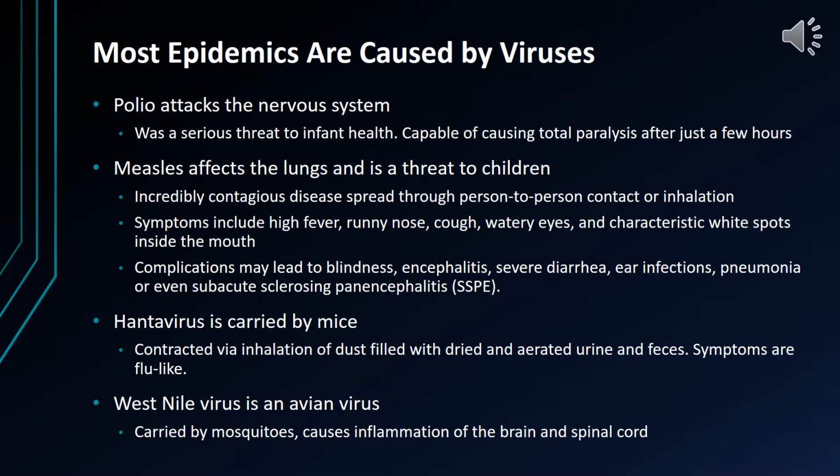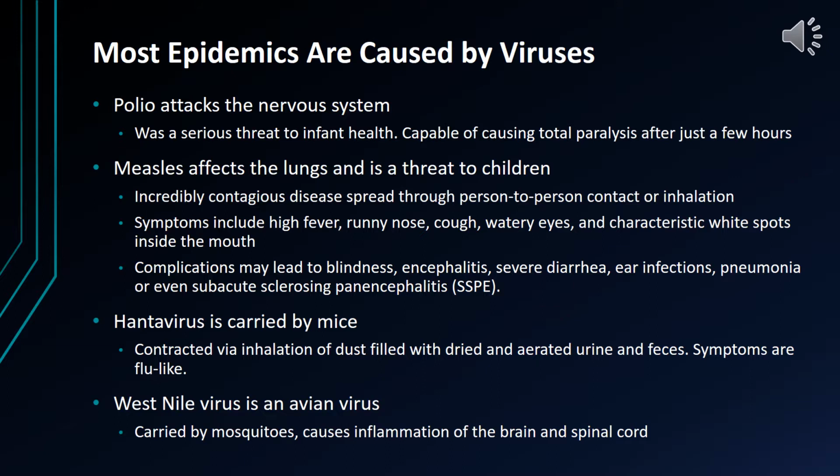And complications can arise from measles, which can lead to blindness, encephalitis, which is brain swelling, severe diarrhea, ear infections, pneumonia, or even subacute sclerosing panencephalitis, which is basically just another form of encephalitis. And of course, measles can lead to death also.